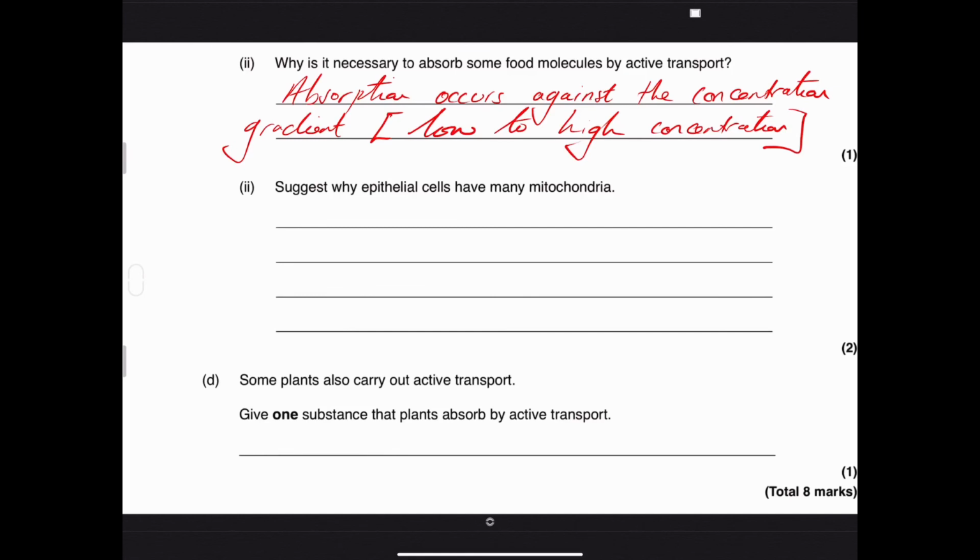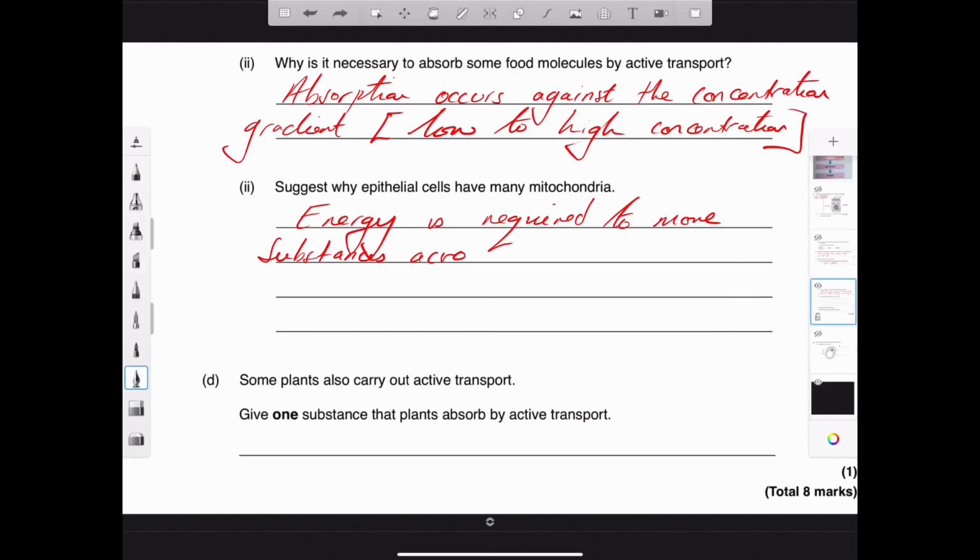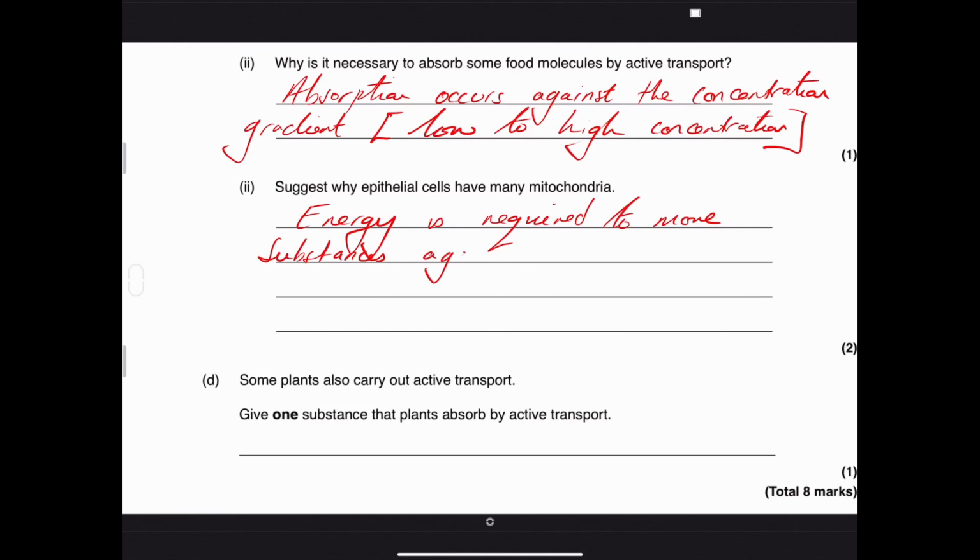Suggest why epithelial cells have mitochondria, because energy is required to move substances against the concentration gradient.